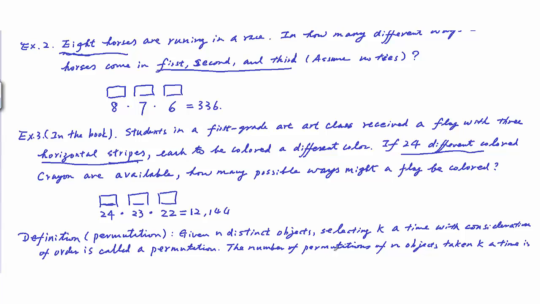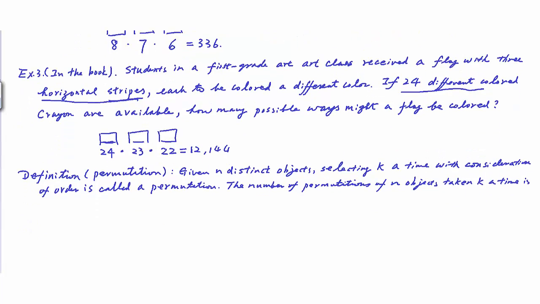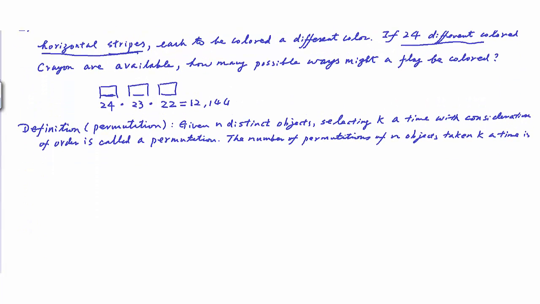The number of permutations of n objects taking k at a time can be written as n times n minus 1 times n minus 2 times ... times n minus k plus 1. The notation is P(n,k). This P stands for permutation, n objects taking k at a time, and it can also be written as P sub n k.